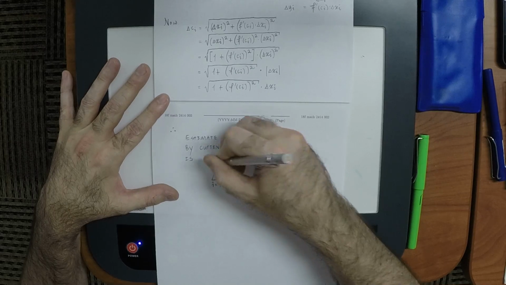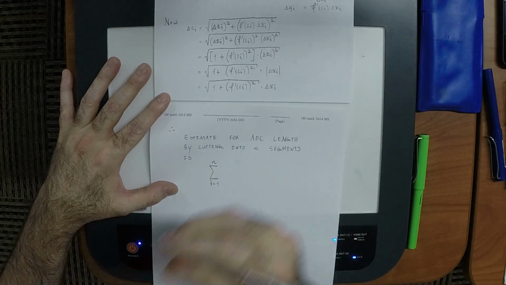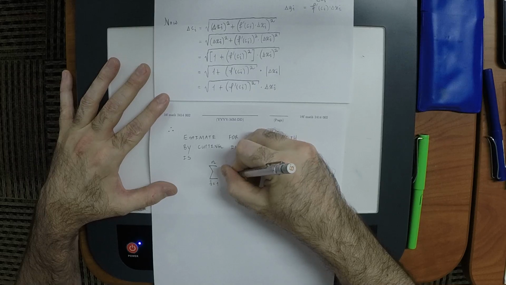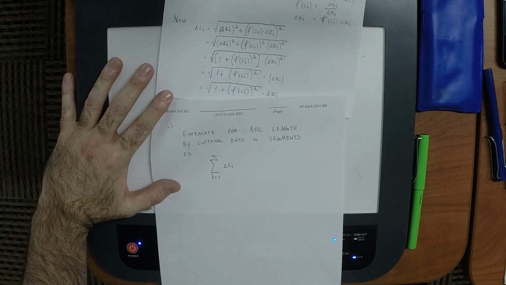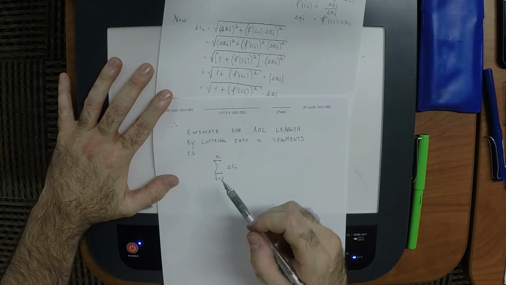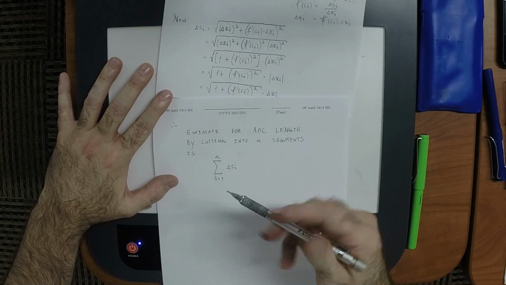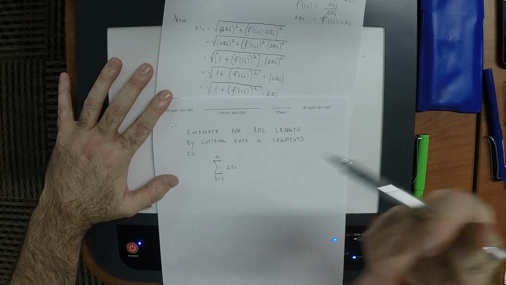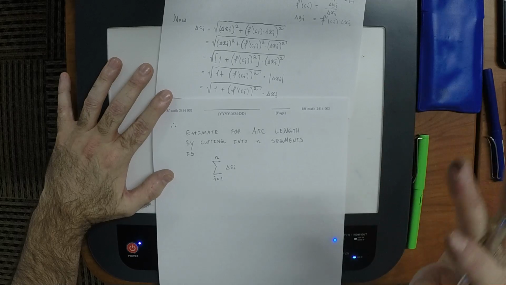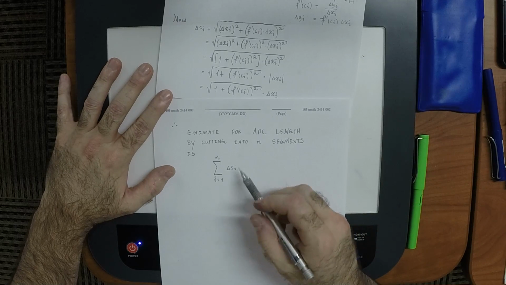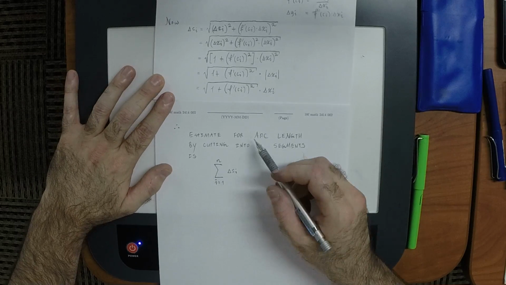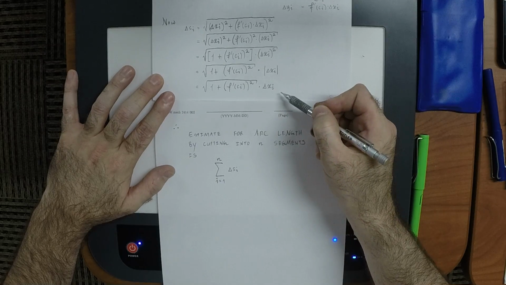So the summation from i equals 1 to n of delta si. You know, you could make a spreadsheet, and you could calculate delta si for each one and then add them all up. If you were doing an engineering problem, then you could get close enough with that. But we just got finished saying that that's a nice formula for delta s right there.